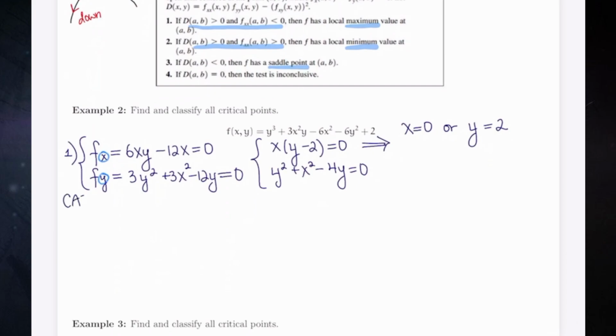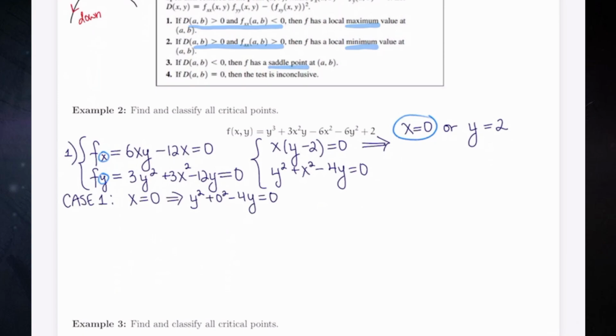So case 1 is when x is equal to 0. So we're going to take care of this case right here. If x is equal to 0, then we can plug that into the second equation. And once we do that, we're going to get y squared plus 0 squared minus 4y is equal to 0.